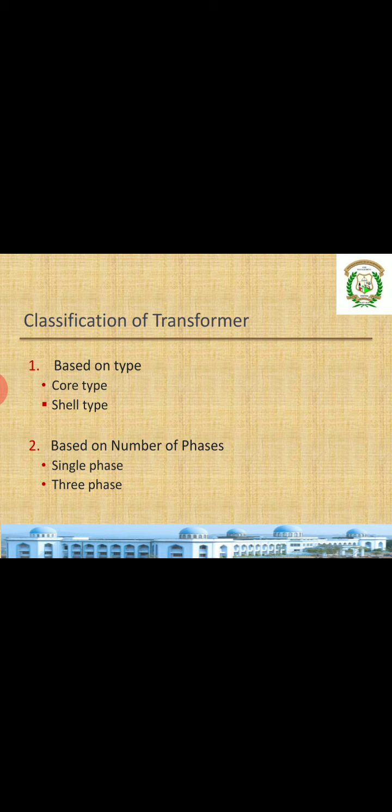Depending upon the number of phases, we classify them as single phase transformers and three phase transformers. Usually in power stations and generating stations we see three phase transformers, or line distribution transformers, also three phase, and whatever we see in our labs are single phase transformers.